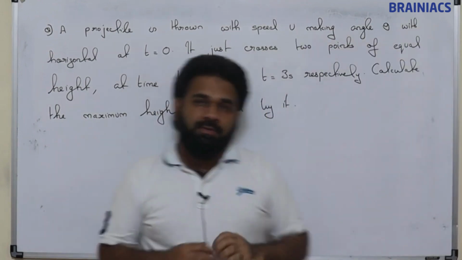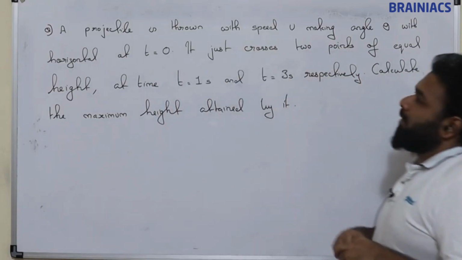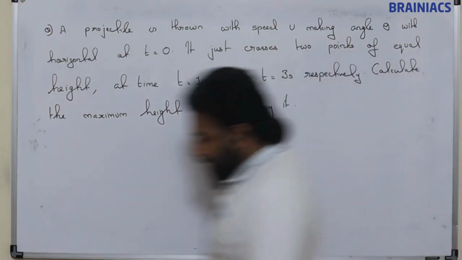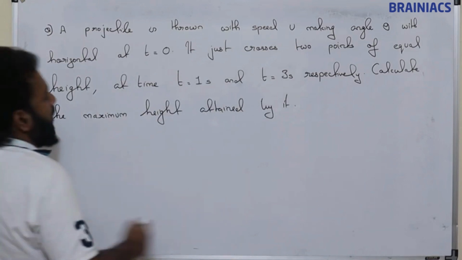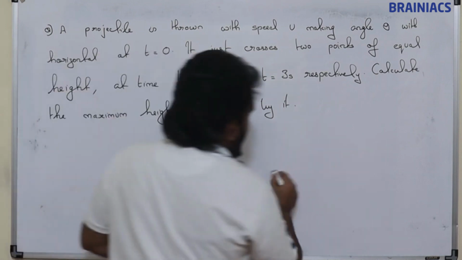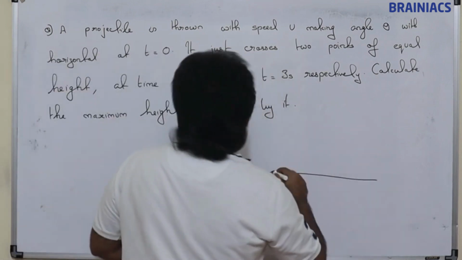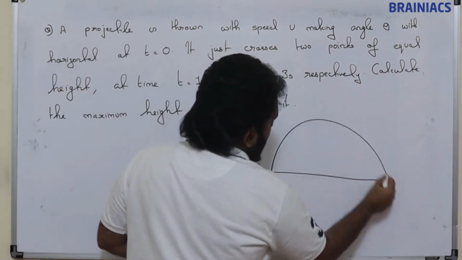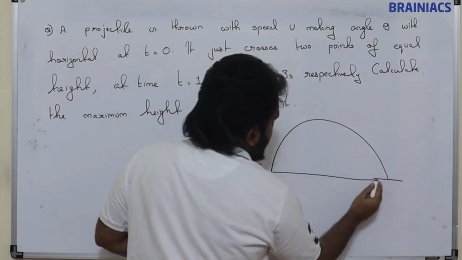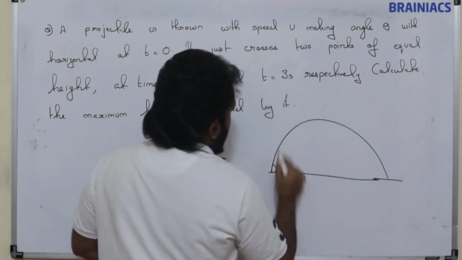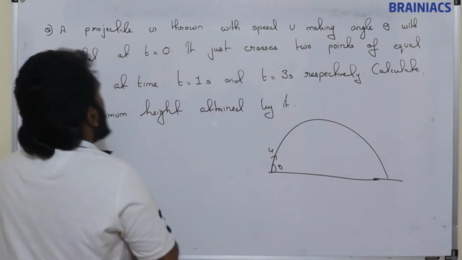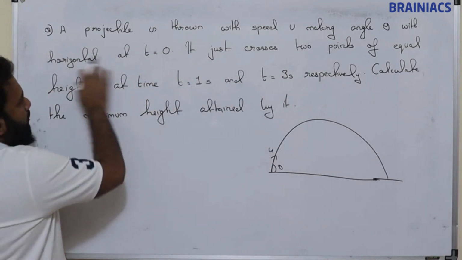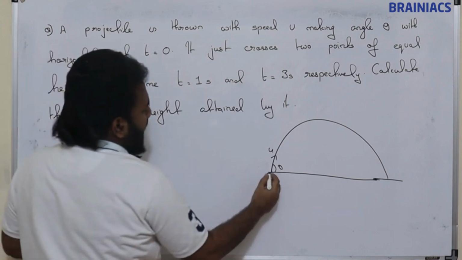Take another question. Here it is saying that a projectile is thrown with speed u, making an angle theta with the horizontal, at t is equal to 0. Fine.